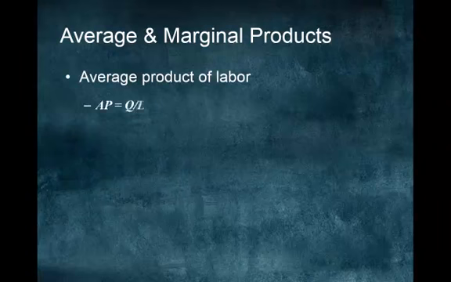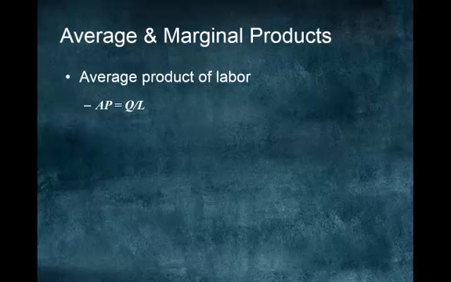So let's look at the average and marginal product, as we have discussed cost. We talked about total cost, average variable cost, average fixed cost, and short-run marginal cost, SMC. Now let's know about the product. Total production is the quantity that we get out.